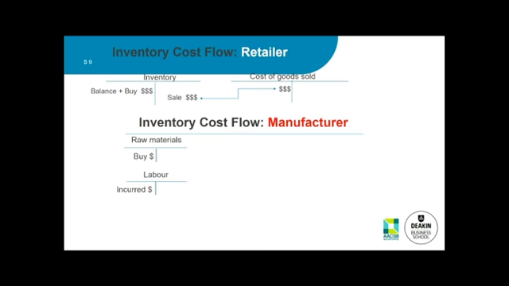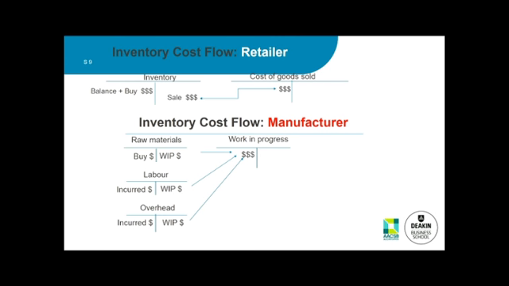So we have raw materials, debit, labor, debit, expense. Any other overhead expenses that we can directly allocate to the production of that inventory. And that's fine. So we create all these expenses, but then we push them over into our work in progress.